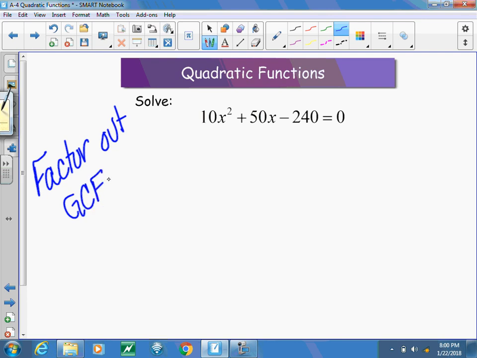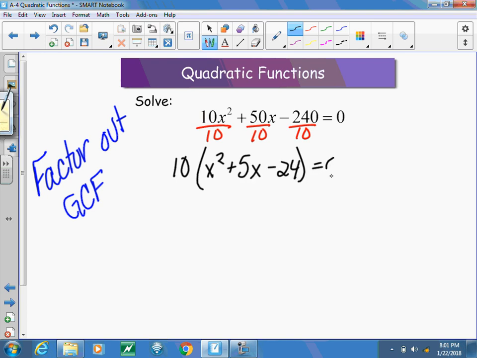Especially if you are someone who likes to do the factoring, always look to see if you can take something out. Like I could divide everything here by 10, and that's just going to simplify this down for me. So 10 times the quantity of x squared plus 5x minus 24 is equal to 0. A lot easier to now factor out the x squared plus 5x minus 24.